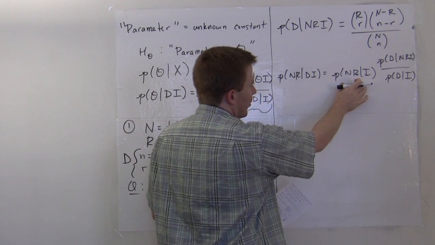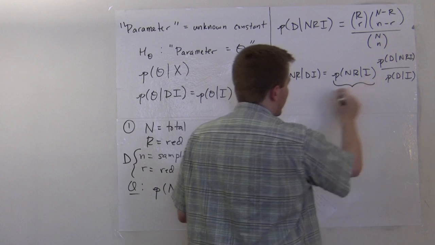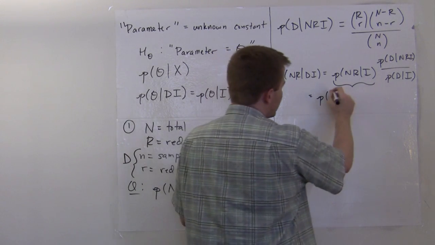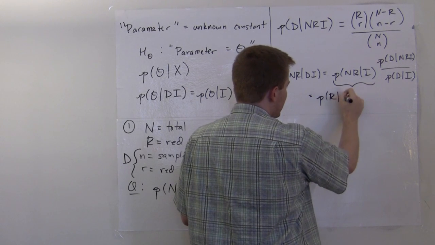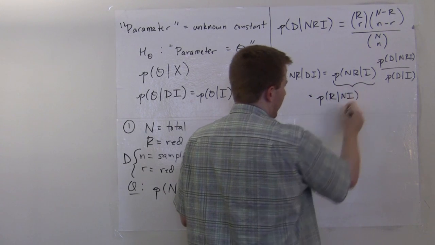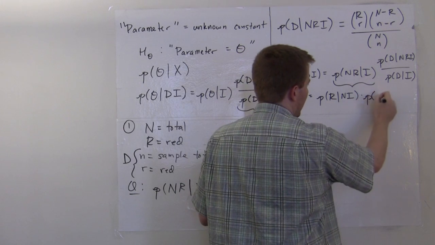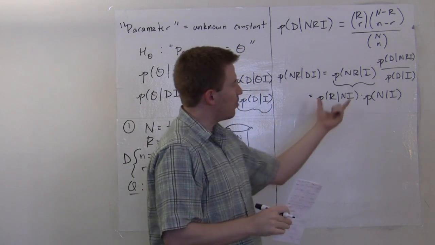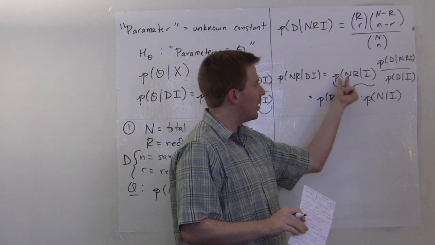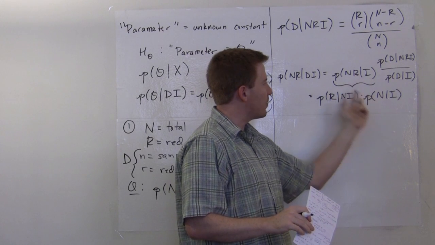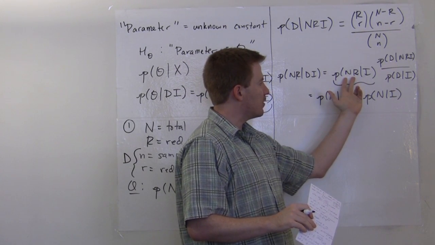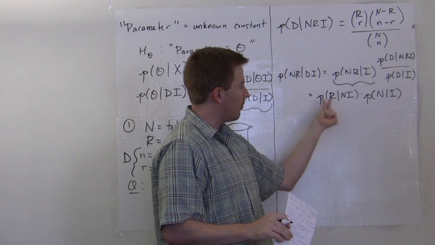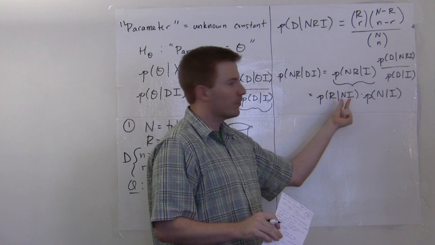This first term we can actually break down further as the probability of r conditional on n and background information times the probability of just n. This is just applying the product rule to this joint probability of the two parameters: the way we can get a combination of the two parameters is first picking a value of n and then picking the value of r conditional on that value of n.